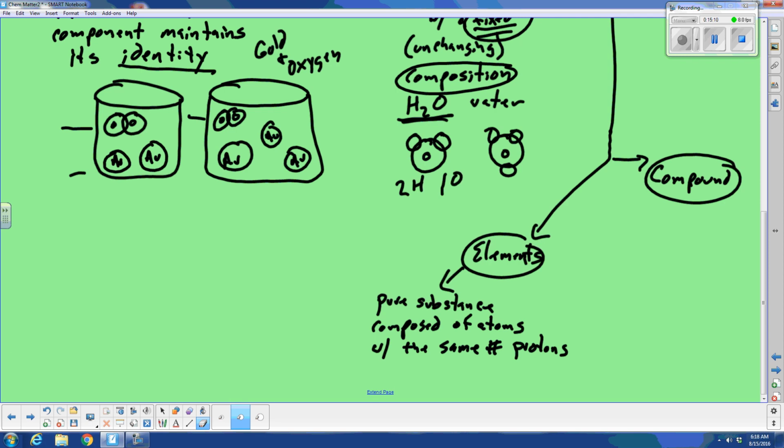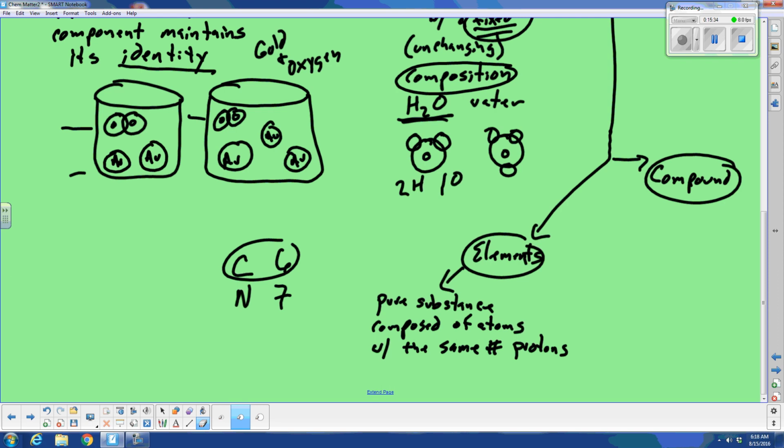And the number of protons defines what an element is, right? So why is carbon carbon? It has 6 protons. If it had 7 protons, it's no longer carbon, it is now nitrogen. So everything that has 6 protons is carbon, right? So we're saying a pure substance is composed of atoms with the same number of protons.